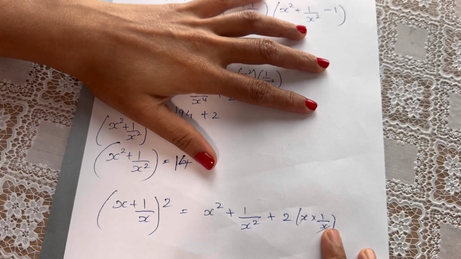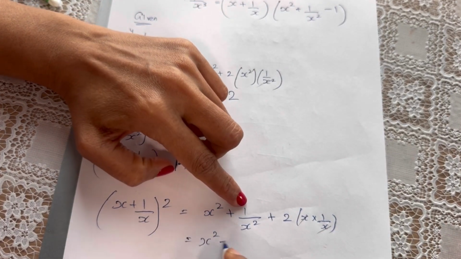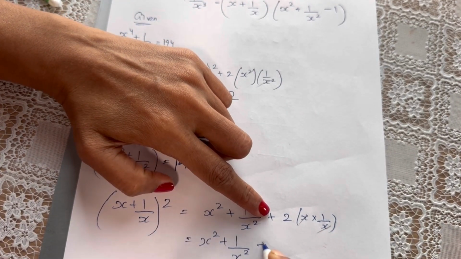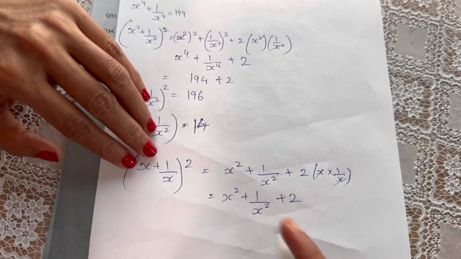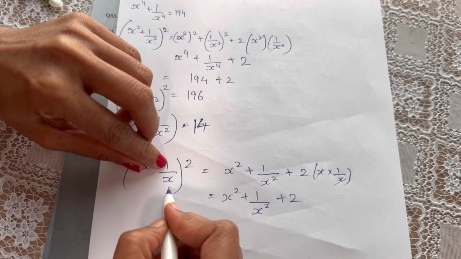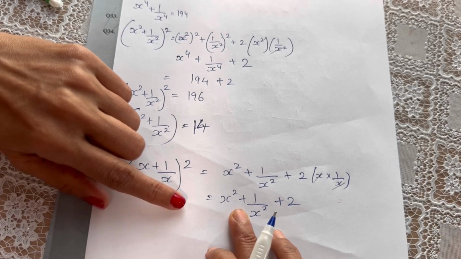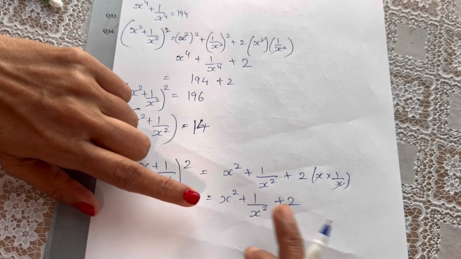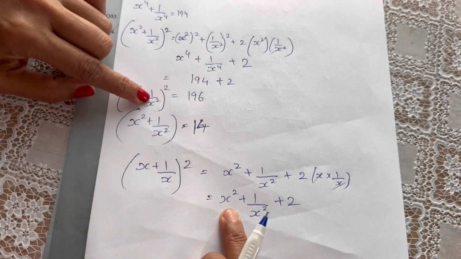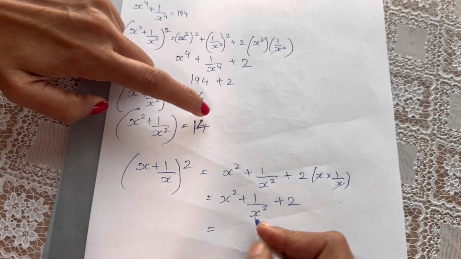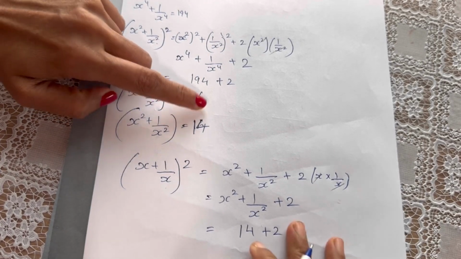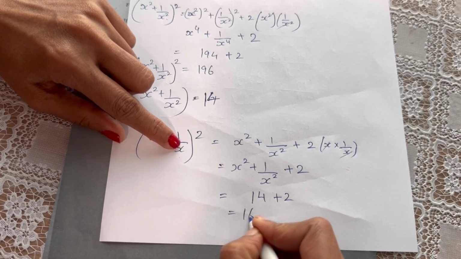So by that identity, here x² + 1/x² + 2. And if you want to find x + 1/x, we have to find the value of this. We have found here that x² + 1/x² is 14. So let's substitute this value 14. So 14 plus 2 is 16.